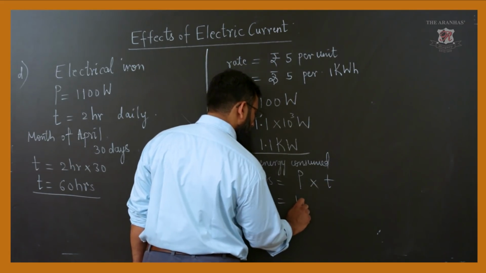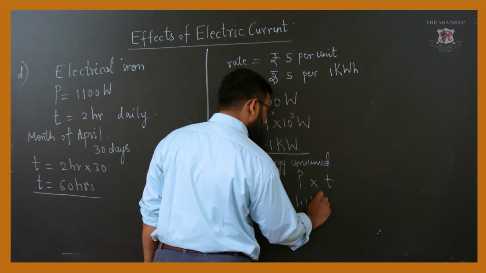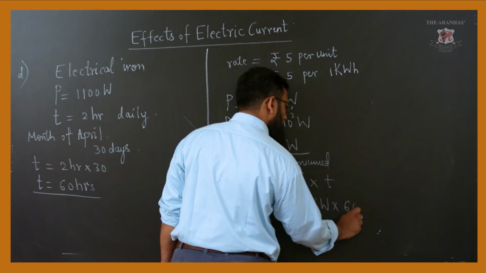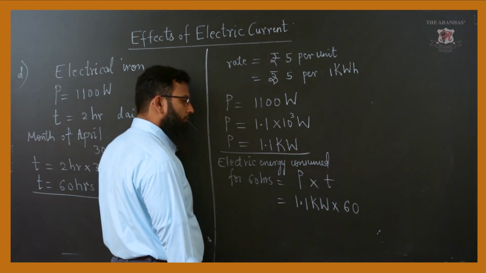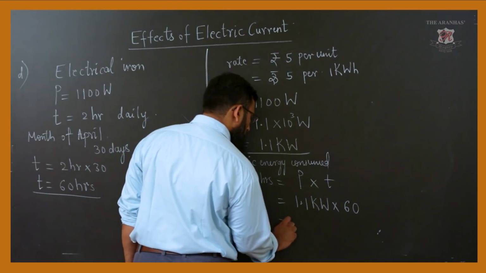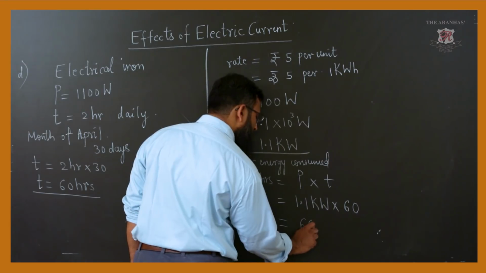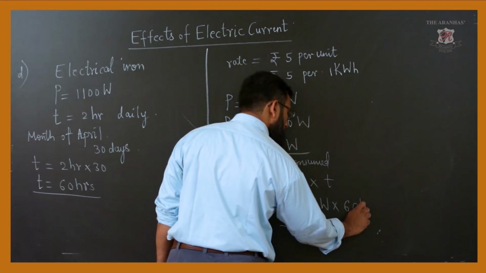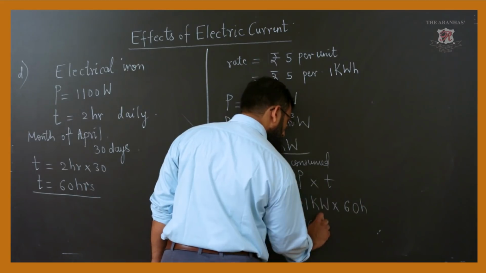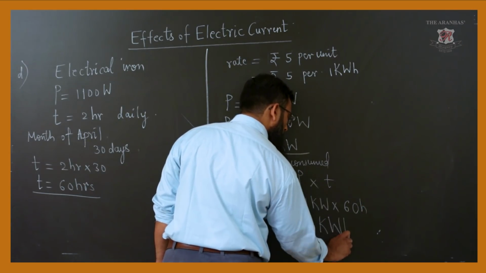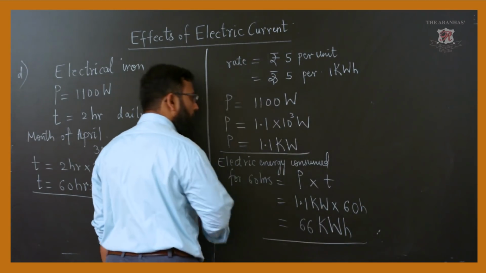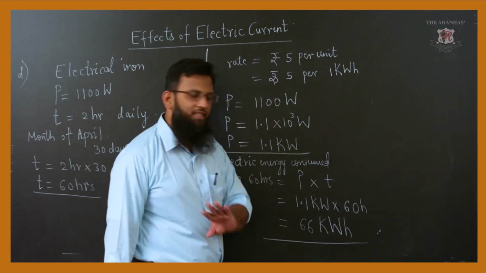So it will be 1.1 kilowatt into 60. So this will go around 66 kilowatt hour.